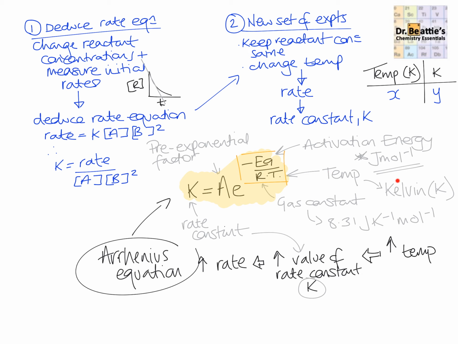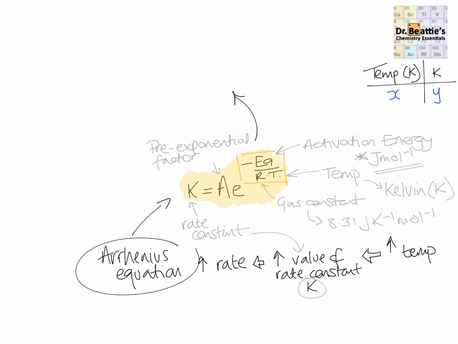Now, unfortunately, this form of the Arrhenius equation doesn't fit a line graph. So what we need to do is take this equation and fit it to a straight line graph. You remember from GCSE maths or A-level maths, if that's a bit closer, that you can fit a straight line to the equation y equals mx plus c.